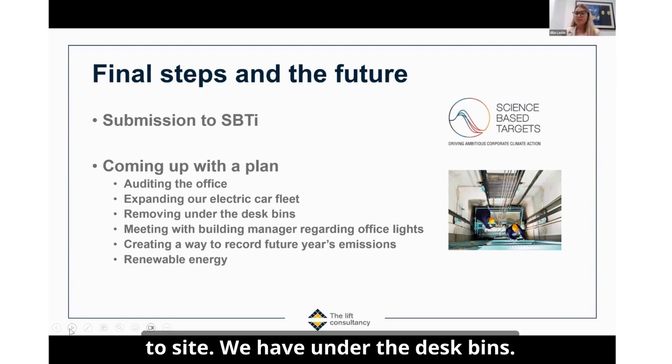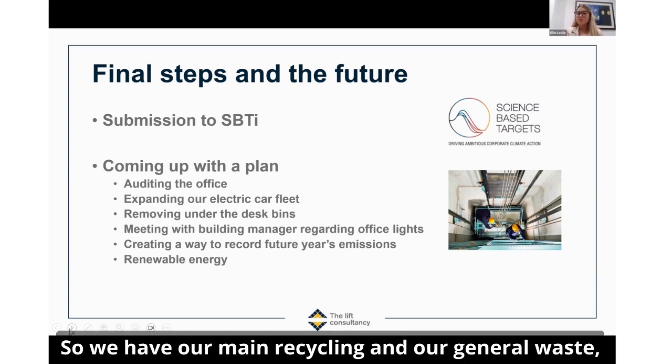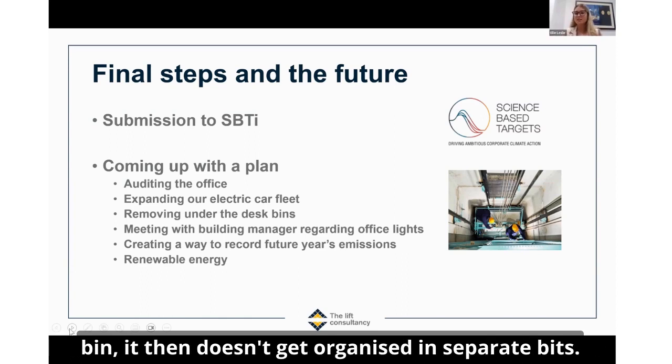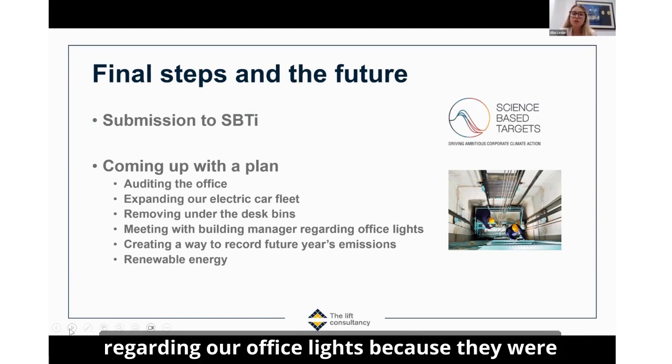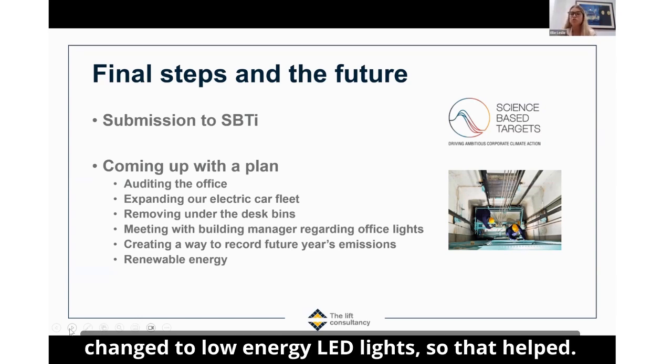We have under the desk bins that has been a reoccurring issue trying to get rid of. So we have our main recycling and our general waste, but whenever everyone puts things in their under the desk bin, it then doesn't get organised into separate bits. We had to meet with our building manager regarding our office lights because they were fluorescent bulbs, and we managed to get those changed to low energy LED lights.